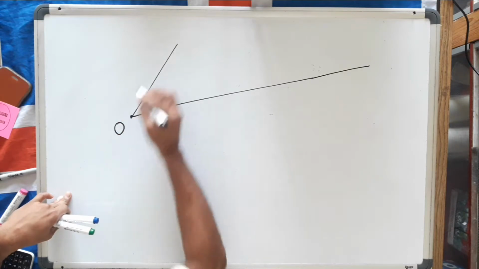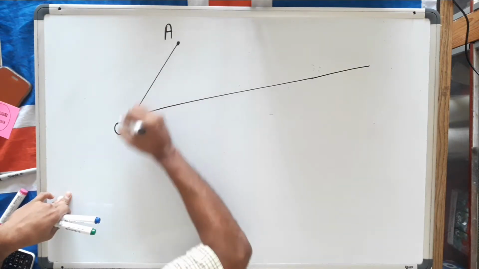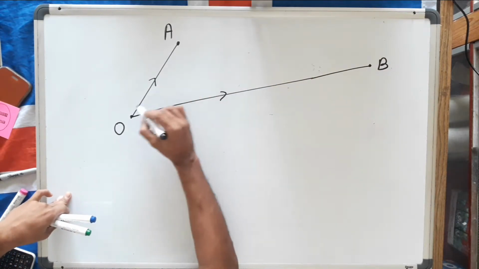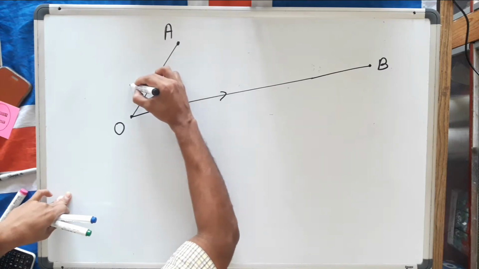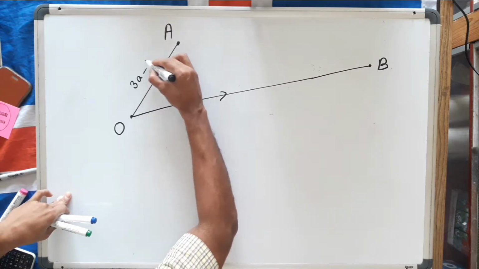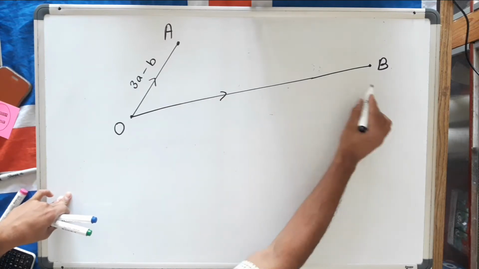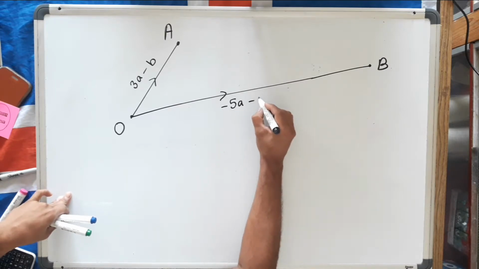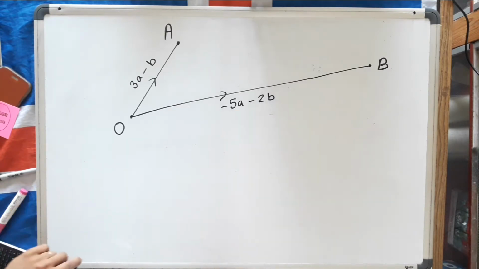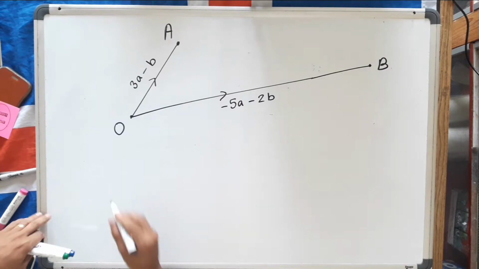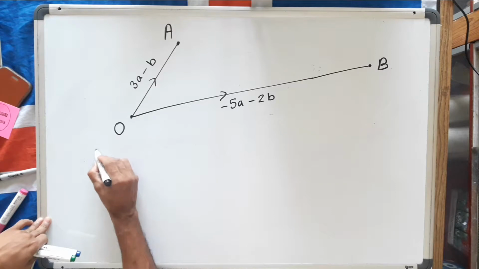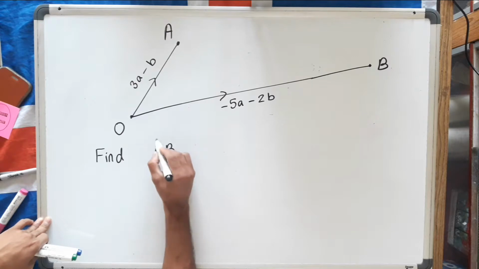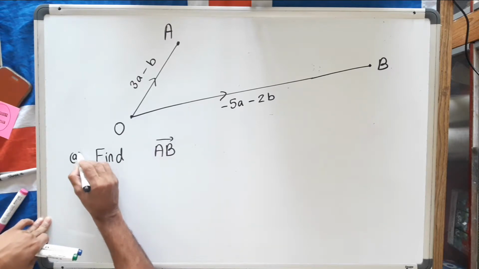I'm going to call this point O, A, and B. And I am going to tell you the value of OA is 3A minus B, and the value of OB is minus 5A minus 2B. All right, so here's the question now. The examiner wants you to find the vector AB. So that's the aim of this question.